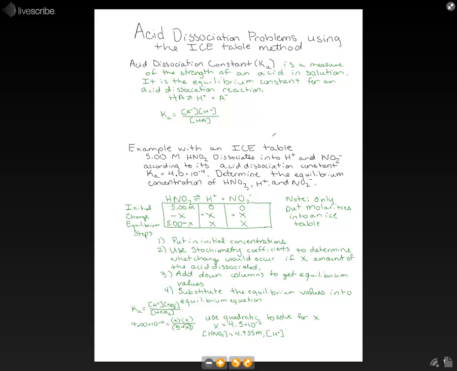The concentration of H plus is equal to X, so that equals 4.5 times 10 to the negative 2. And our concentration of NO2 minus is also 4.5 times 10 to the negative 2. So this is an ice box problem, or ice table problem, and it's one of the easier ways, I think, to solve this sort of thing.